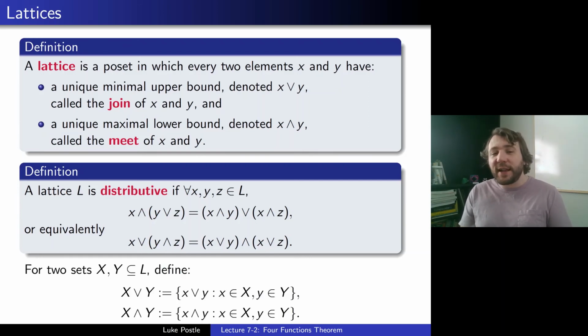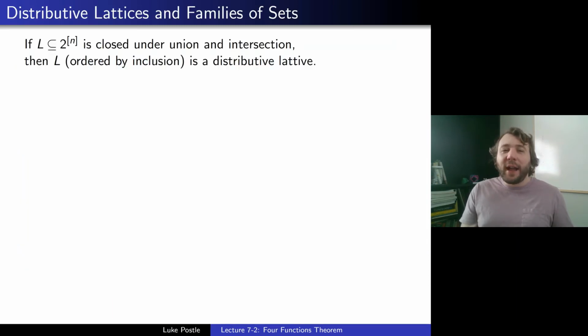And for two sets x and y, we could define x join y to be where you take all the possible joins, and x meet y to be all the possible meets, in the same way we had done for A and B sets when you're doing union and intersection. So lattices are a little bit more general than sets, where we are not just doing union and intersection, but actually, if you assume distributive lattices, then that and families of sets are very much the same. So what do I mean?